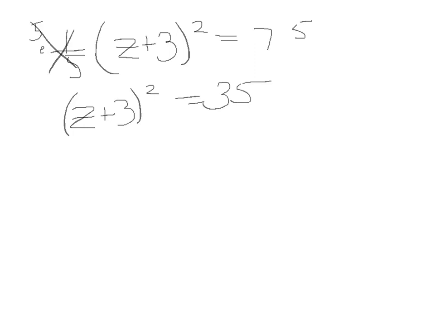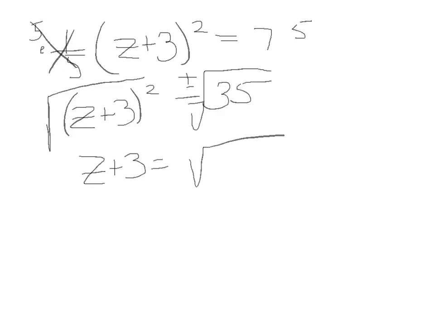Now, I can go ahead and get rid of the square term by taking the square root, remembering to put my plus and minus there. What's the square root of z plus 3 squared? It's just z plus 3. Now, can I do anything with 35?